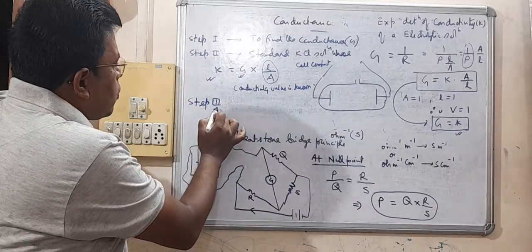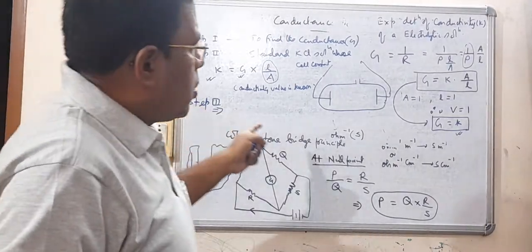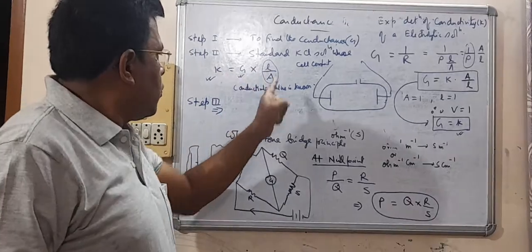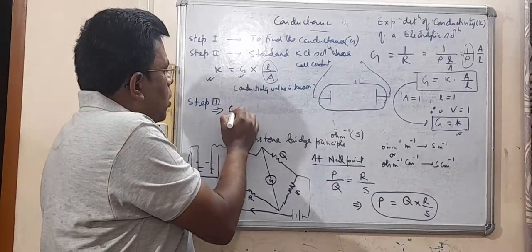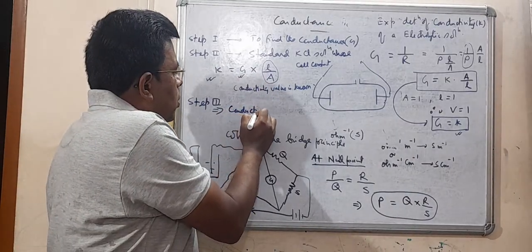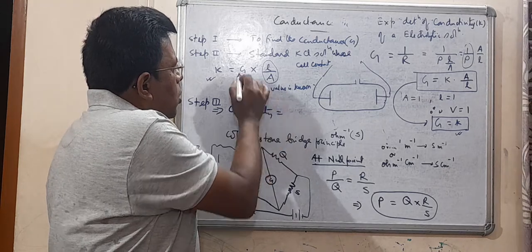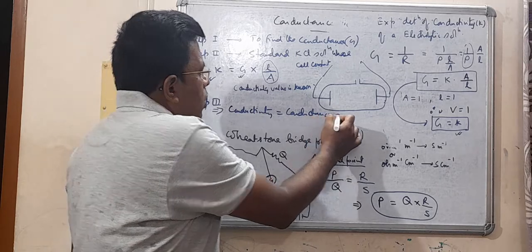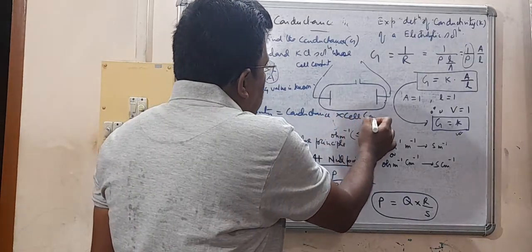Okay, now once cell constant is known, then what we can write, since this relation we know: conductivity is equal to conductance into cell constant.